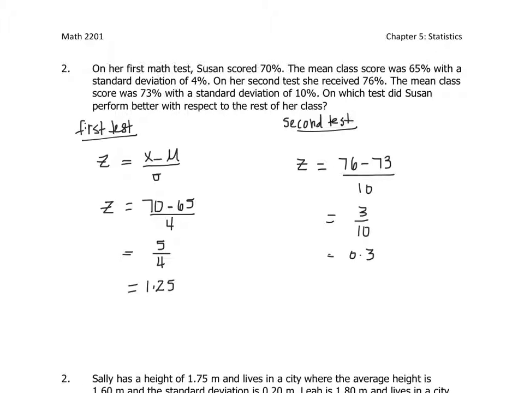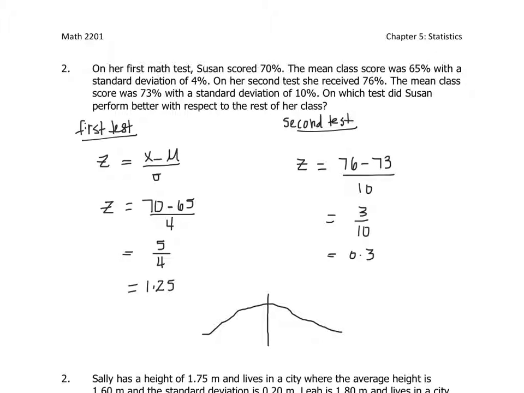So when you're comparing, like in these particular examples, there are 2 different means, 2 different standard deviations, 2 different test scores. But when you look at it in terms of relativity to the rest of the class, if you look at the standard deviation kind of as a normal curve, your mean is in the middle here.